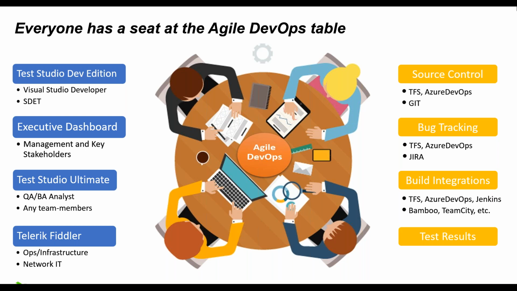All of this happens on top of our source control integration, whether it's going to be TFS, Azure DevOps, or Git. For example, the information can be constantly shared and updated between the different stakeholders.